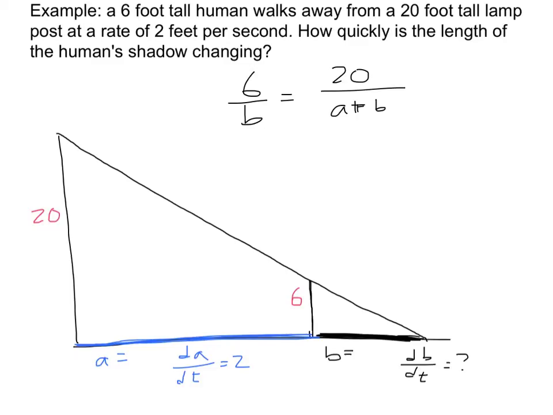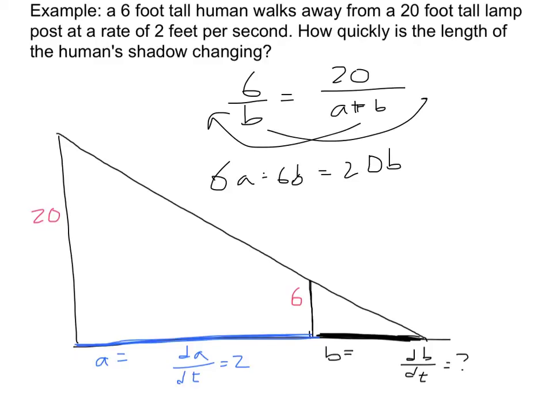But I think it'll be a lot easier if we simplify it first. If I multiply the A plus B over, and if I multiply the B over, I'll end up with 6A plus 6B equals 20B. And if we simplify that even more, 6A equals 14B. Now right here, something really interesting happens. If I take the derivative with respect to t, I get 6 dA/dt equals 14 dB/dt.